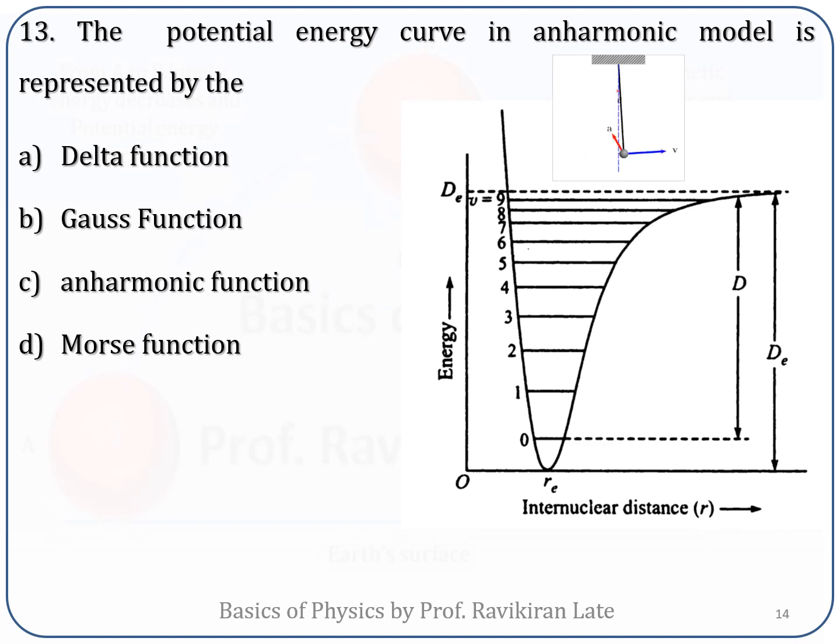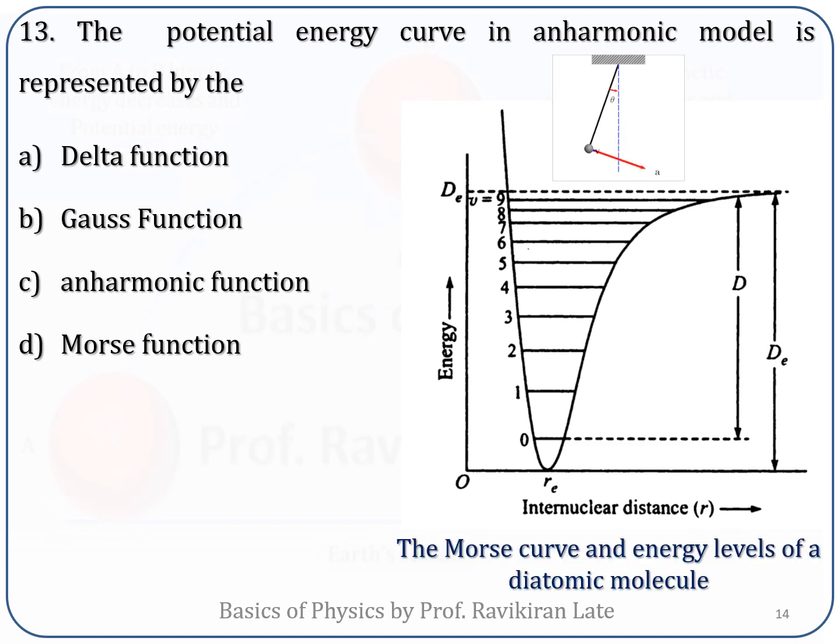And these energy levels we have already calculated in our regular lectures. This variation of the internuclear distance with the energy for an anharmonic model is nothing but what is known as the Morse curve. So if you look at the options, it is option number D which is the correct answer.